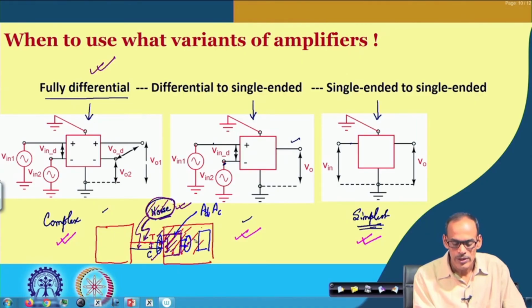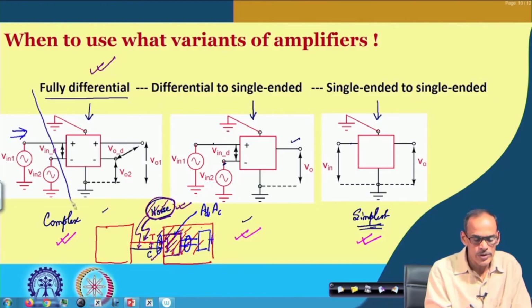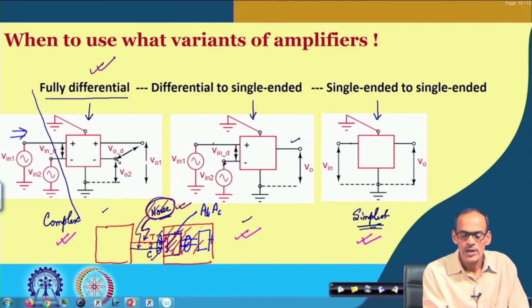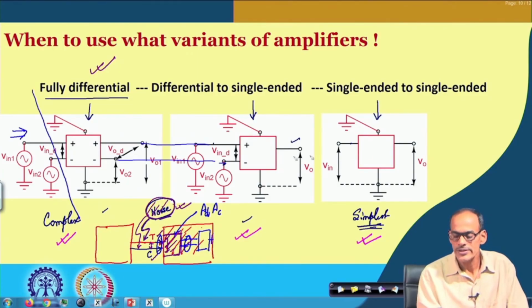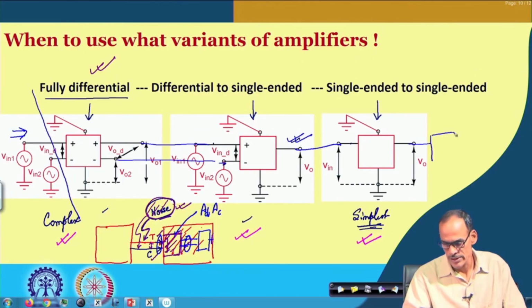So, probably then we can convert this differential into single ended, and then the subsequent blocks can be single ended. So, as you can anticipate, whenever we are receiving a signal from outside, we consider it as fully differential signaling, and then once it is going inside this system, we convert it into single ended, and subsequently we can keep the signal in single ended form.